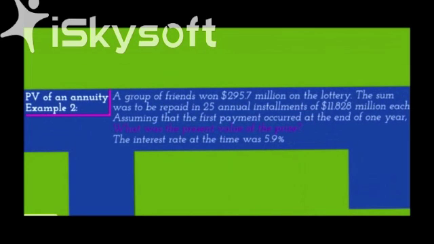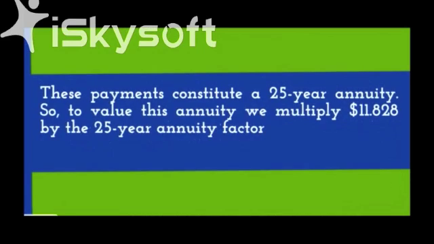Second example: a group of friends won $295.7 million in the lottery. The sum was to be repaid in 25 annual installments of $11.828 million each. Assuming that the first payment occurred at the end of 1 year, what was the present value of the prize? The interest rate at that time was 5.9%. These payments constitute a 25-year annuity.